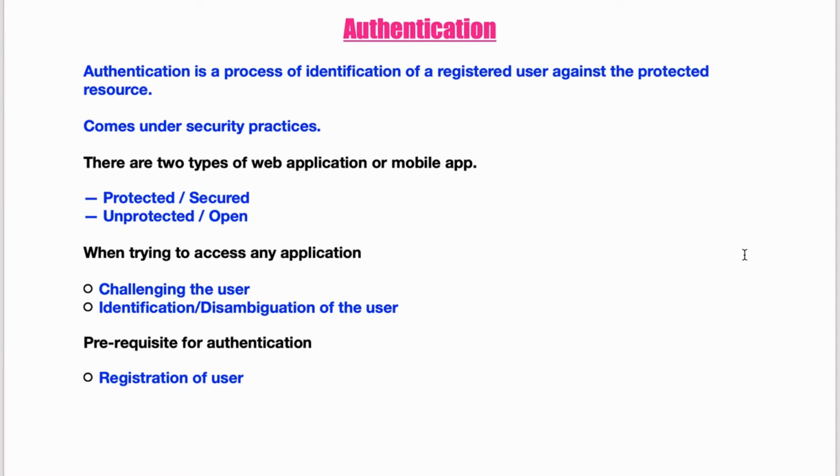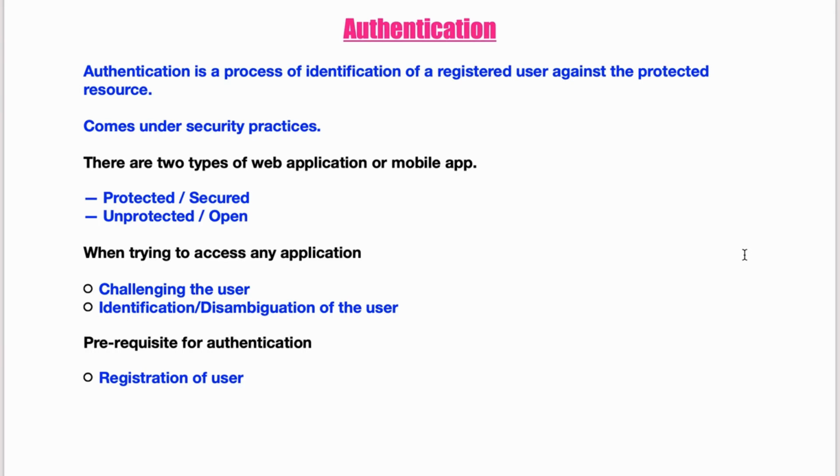One example of a protected application is Facebook or Gmail, and one example of an unprotected or open application is the Google search engine. So now you fairly understand what these protected and unprotected applications are. Protected application means they only allow registered users to get into that application. Unprotected means they allow anyone to access the services. Simple.